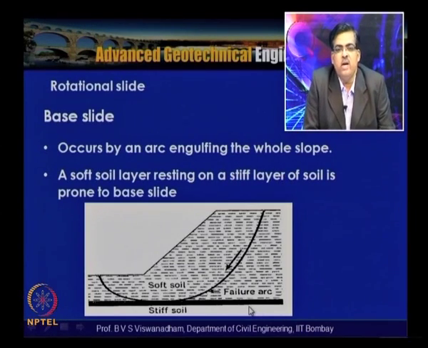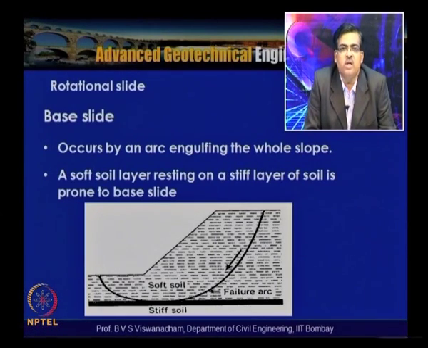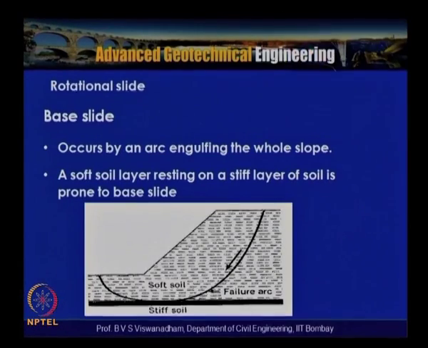So a soft soil layer resting on a stiff layer of soil is prone to base slide. Similarly, a soft soil resting on a clay surface, when it is loaded without any ground improvement, there is a possibility that it can undergo a failure.